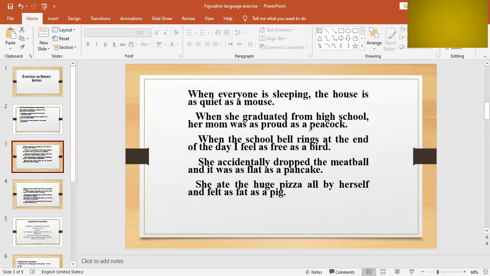Okay, you can get the picture from Google Images if you don't know it. And it is known that the peacock is very proud. It moves proudly. So her mother was proud of her as a peacock. She was very, very proud.